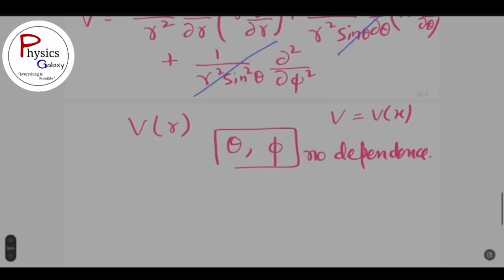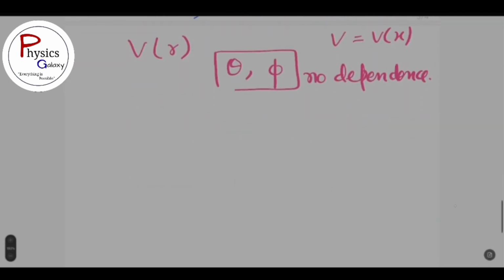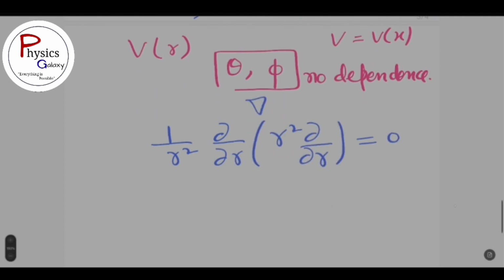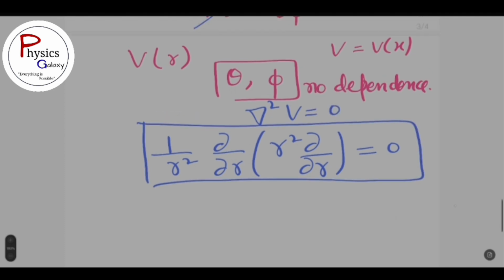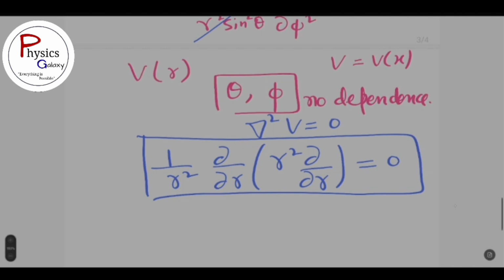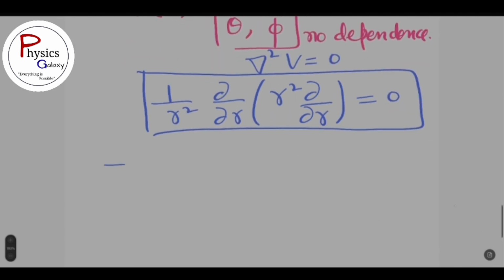So my Laplacian operator will simply be 1 over r square dou by dou r of r square dou by dou r of V equal to 0. Okay, I just wrote del square V equal to 0. So this is my Laplace equation when the potential depends only on radial distance. Now you can simplify this a bit. The 1 over r square can be dropped from this side, and you can also replace the partial with simply d.